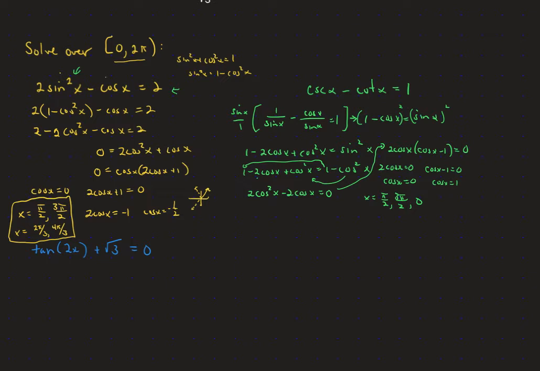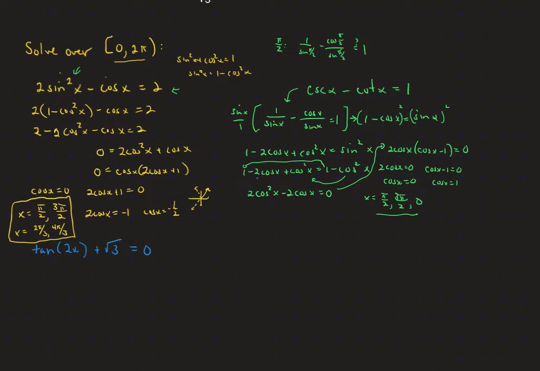Now we have to be skeptical because we squared both sides along the way, so we need to check these back in the original, which is really like plugging them in here. So if we put in pi over 2, that's going to get us 1 over sine of pi over 2 minus cosine of pi over 2 over sine of pi over 2, and we're seeing if that is in fact equal to 1.